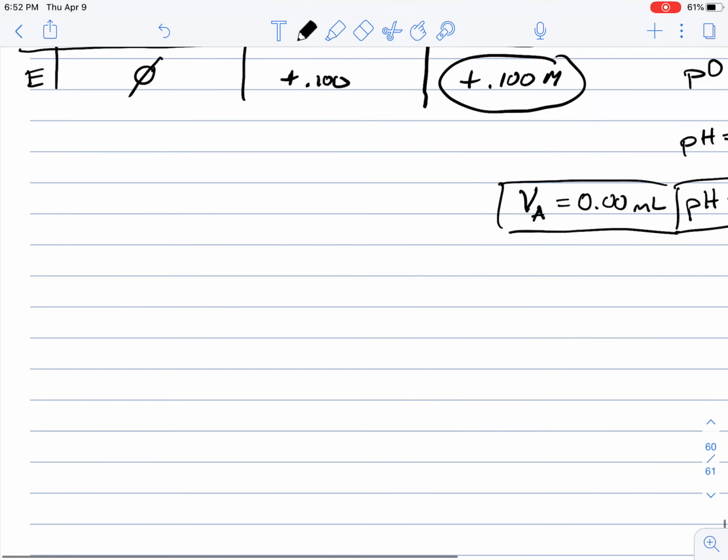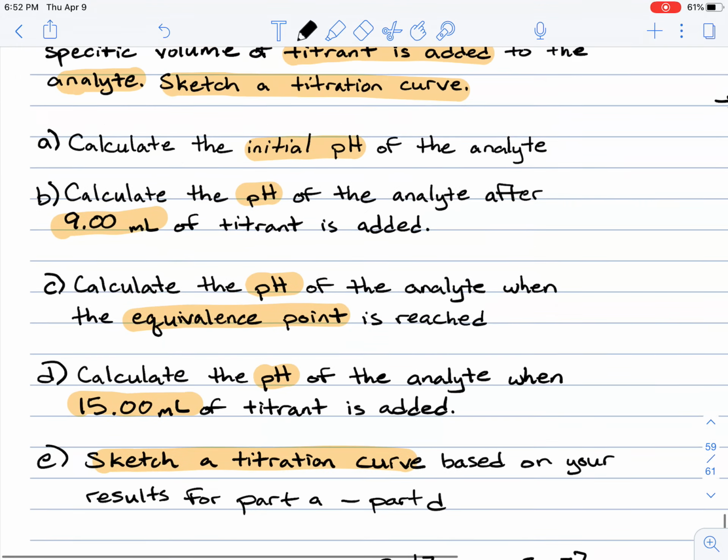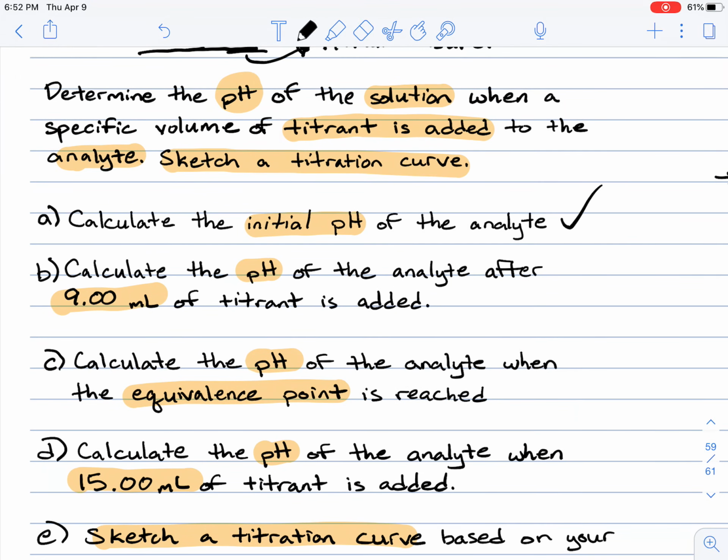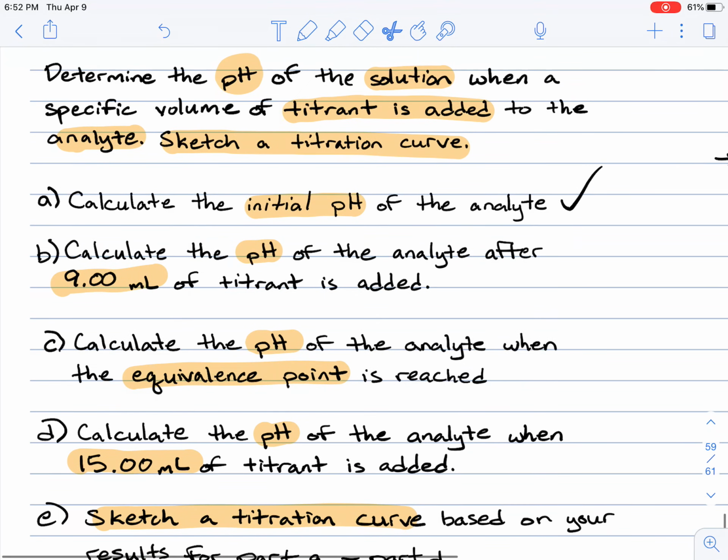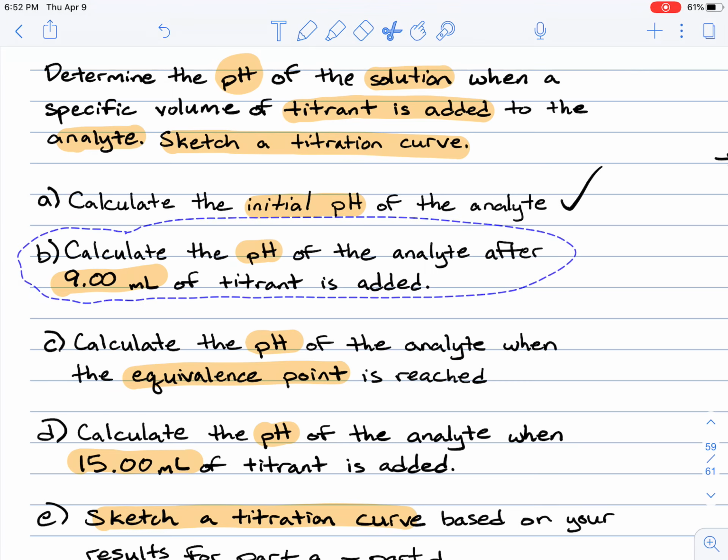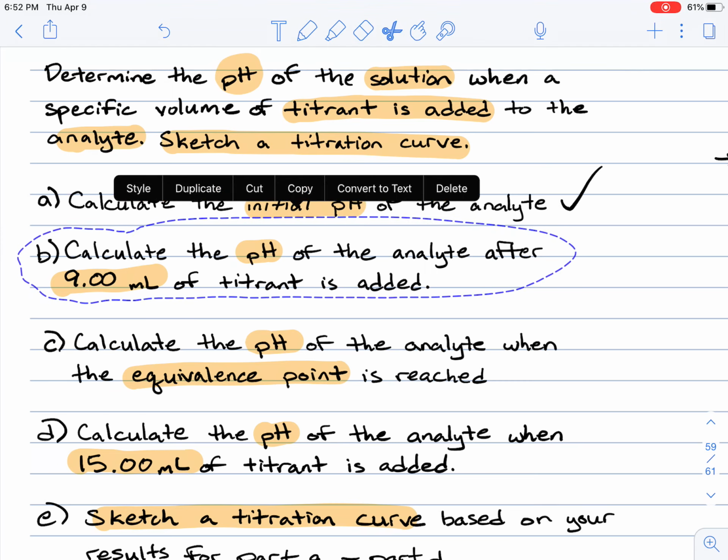Anyways, cool. So we figured out the first part. We calculated the initial pH of the analyte. And so the next thing that we're going to do is calculate the pH of the analyte after 9 mL of titrant is added.